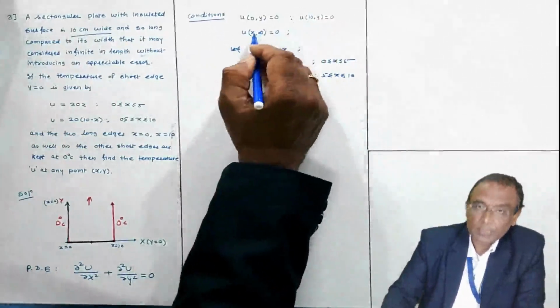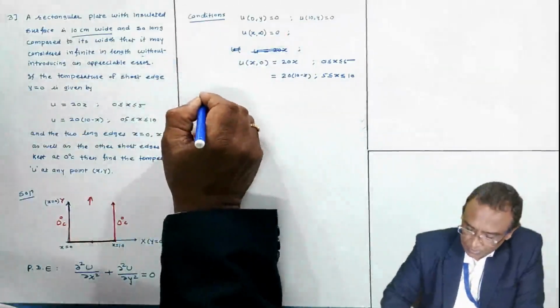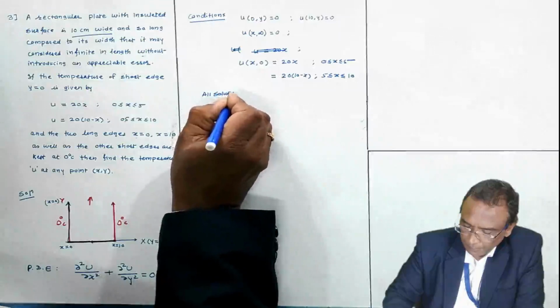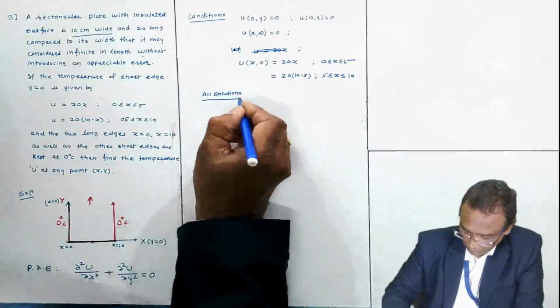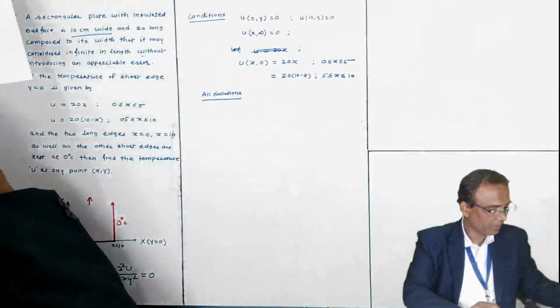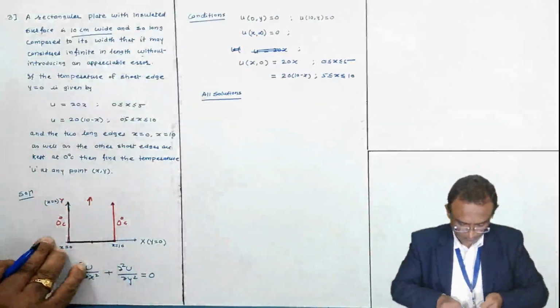Now, the first three conditions we previously used. Means the solution is all solutions. Let me write equation 6. Which one is equation 6? See, here it is written on this sheet.